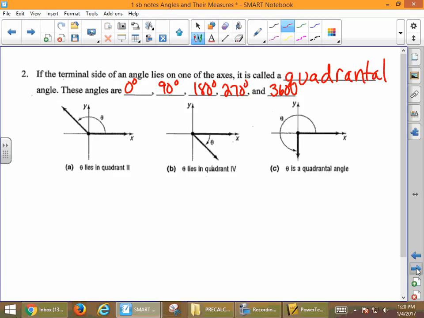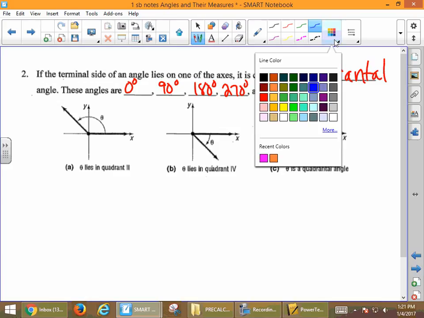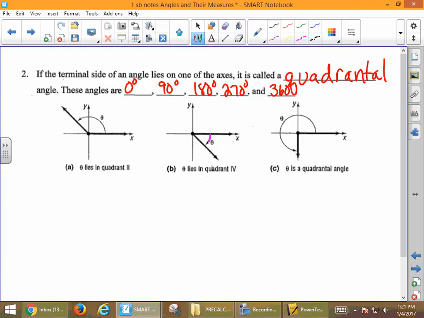Theta is a positive angle in quadrant 2. In example B, theta lies in quadrant 4, but once again, our initial side is along the x-axis. Our terminal side is in quadrant 4. When we talk about the value of this angle, we're going to call it negative, because when we measured here, we went clockwise.